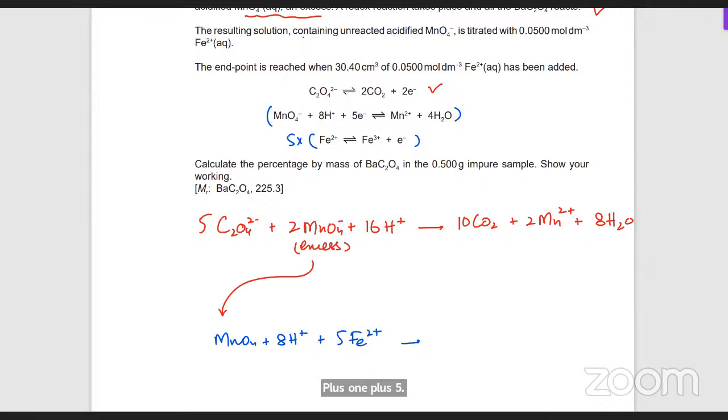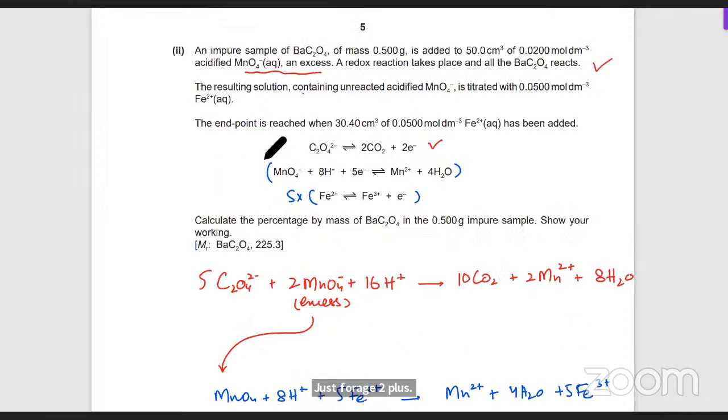And the products are Mn2 plus, 4H2O plus Fe3 plus. So that's the whole question, okay? There are two reactions.